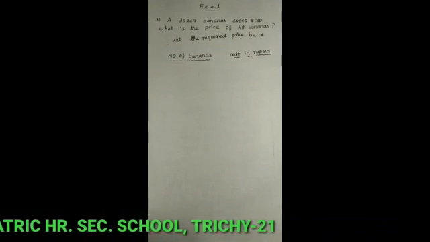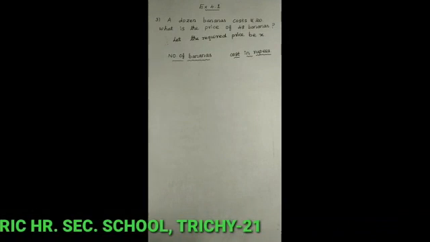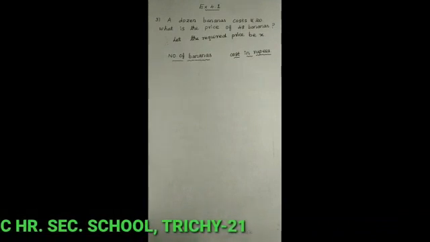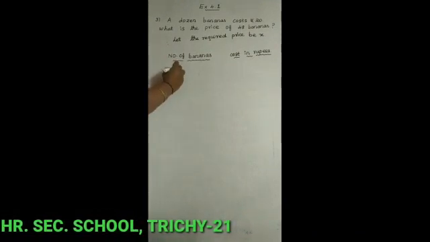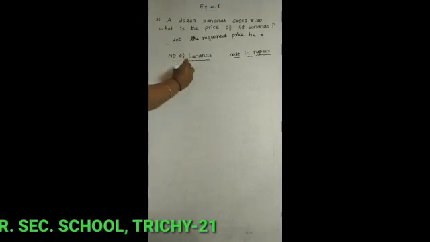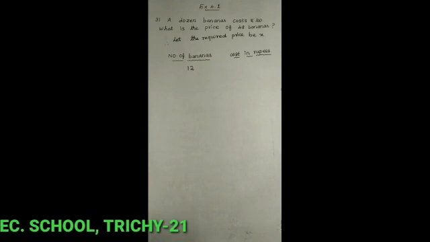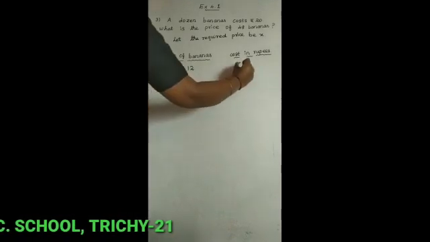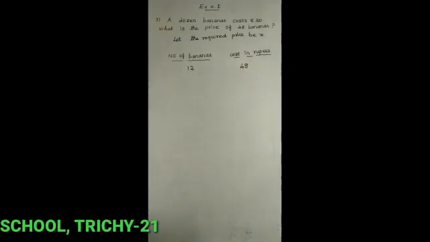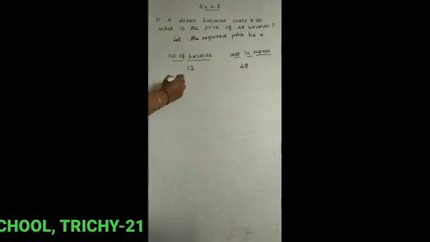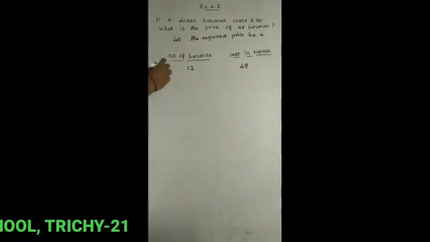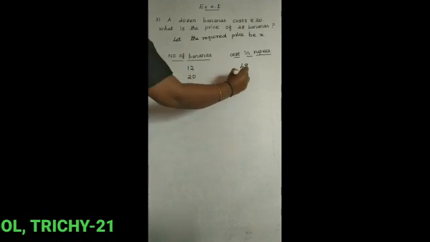So, number of bananas and cost are in direct proportion. Here, number of bananas is 1 dozen. 1 dozen means 12 bananas. Cost is rupees 20. Then 48 bananas cost, we find it.